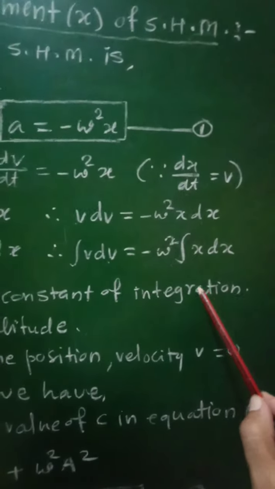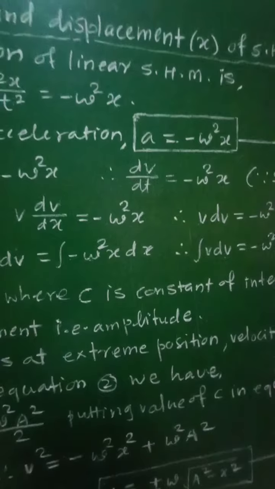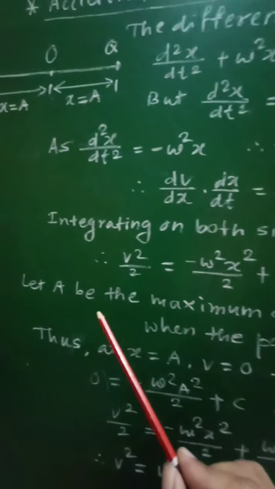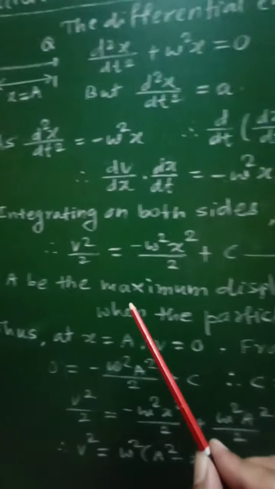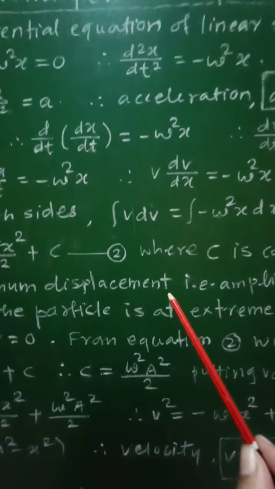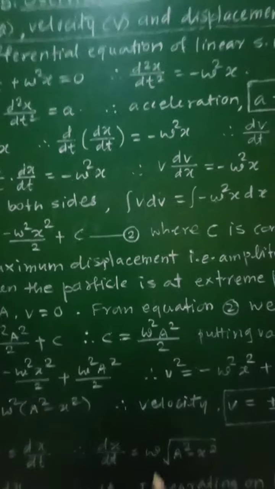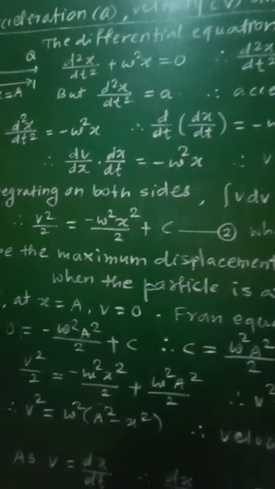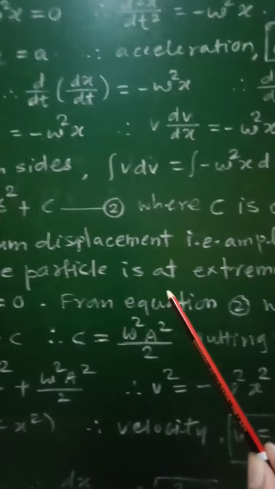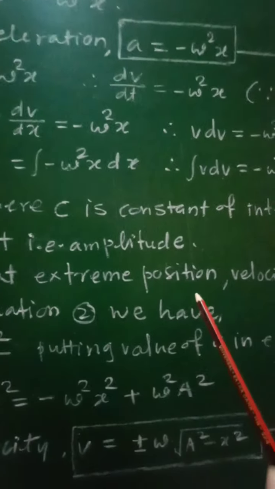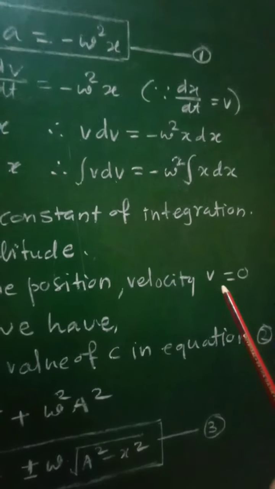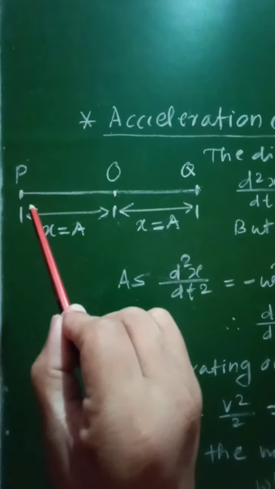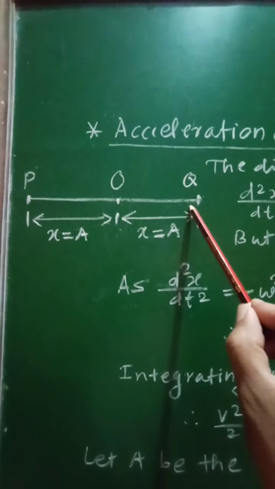So c is the constant of integration and we have to find the value of that c, and therefore let a be the maximum displacement of the particle performing linear SHM, that is the amplitude of linear SHM, and when the particle is at extreme position velocity v will be equal to 0, that is when the particle is at point P or Q, that is extreme position.